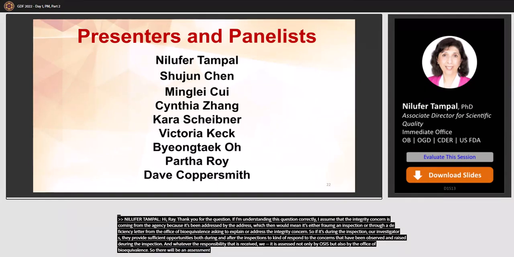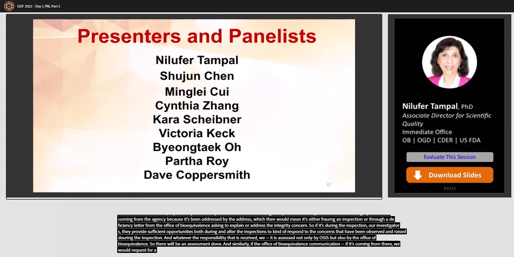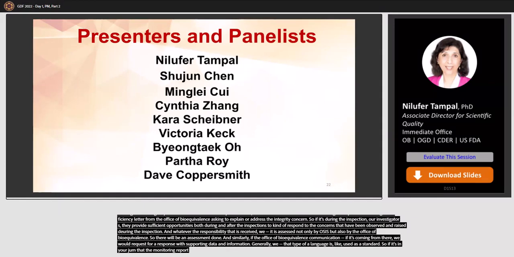And similarly, if the communication is coming from the Office of Bioequivalence, we would request a response with supporting data and information. Generally, that type of language is used as a standard. So if it's in your judgment that the monitoring report could serve as your supporting document, you should submit it and it will be reviewed.